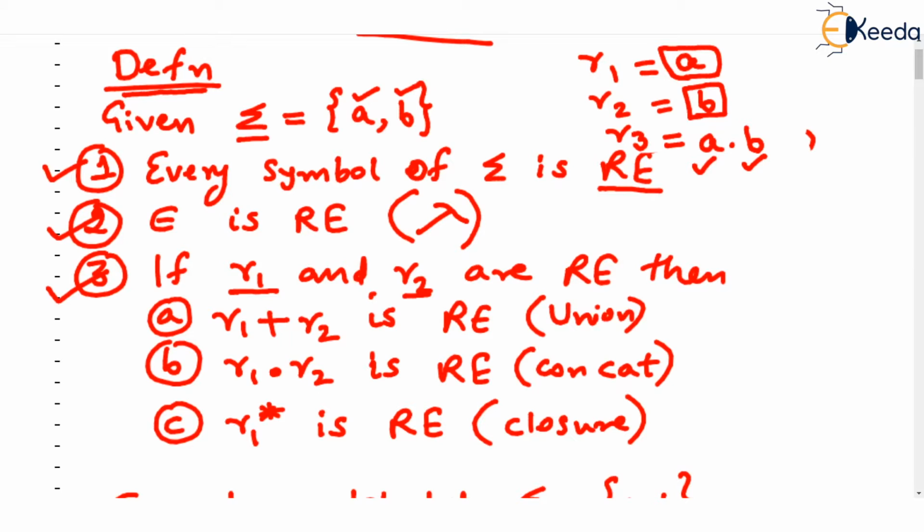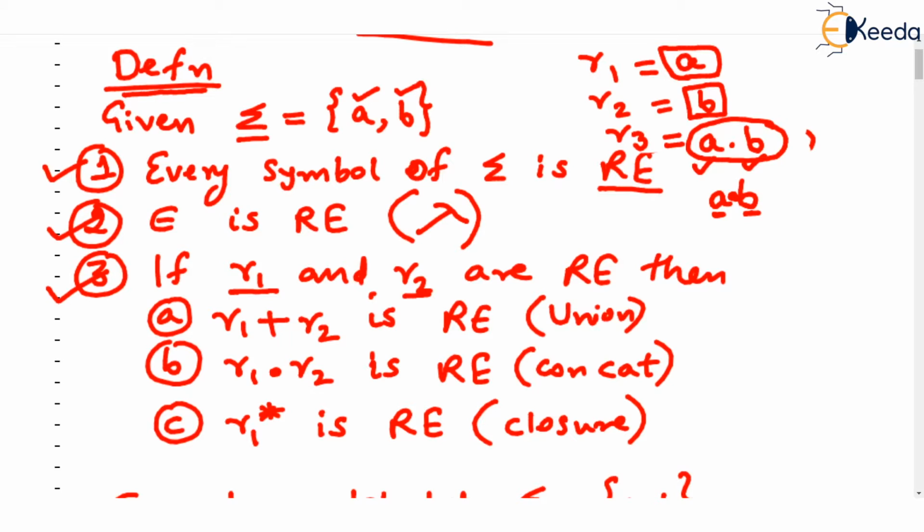Concatenating the two regular expressions gives us a new regular expression. Many authors, or even we, will later on write this A dot B as AB. When AB is written, it is understood that these two regular expressions have been concatenated using a dot. Okay. So remember, concatenation of two regular expressions itself is a regular expression.